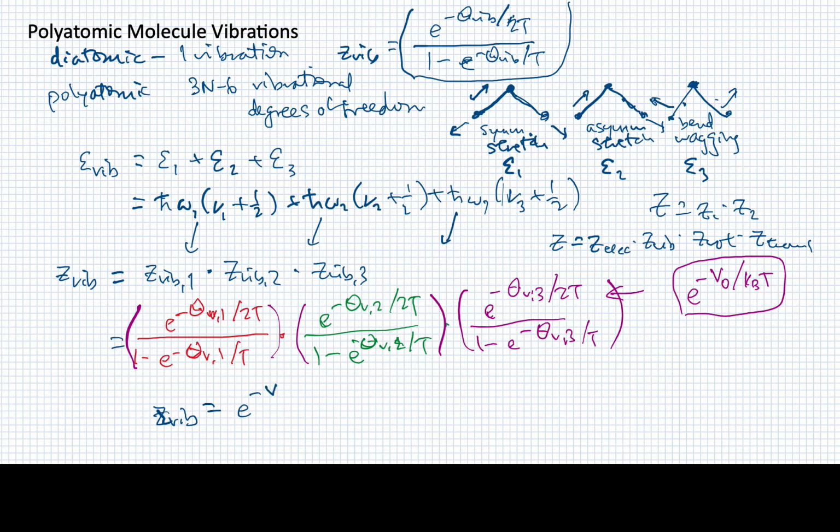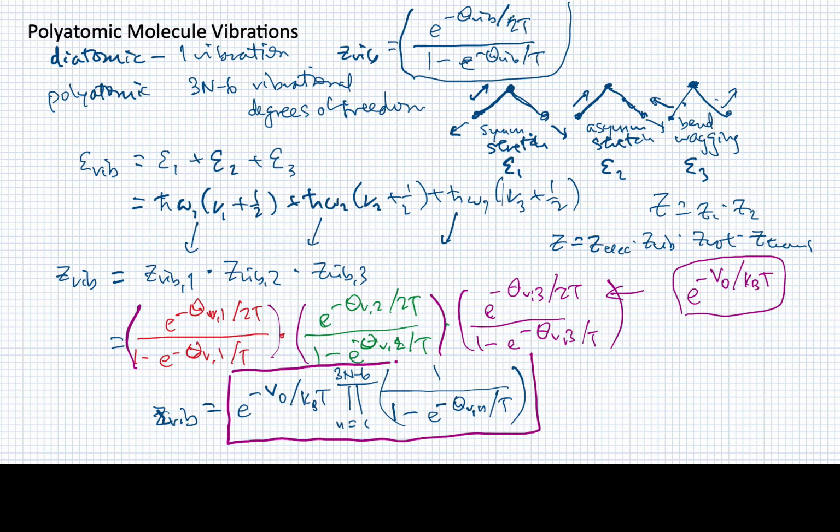It would be e to the minus the lowest energy state times a product for all of the various oscillators, all of the various modes in the molecule, so to say 3n minus 6 of these, of 1 over 1 minus e to the minus vibrational temperature for that particular mode over temperature. And so this is sort of a shorthand way that we could write a partition function for a more complicated polyatomic molecule.